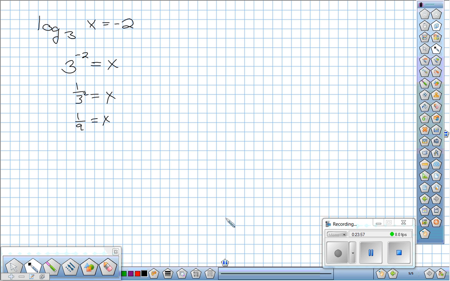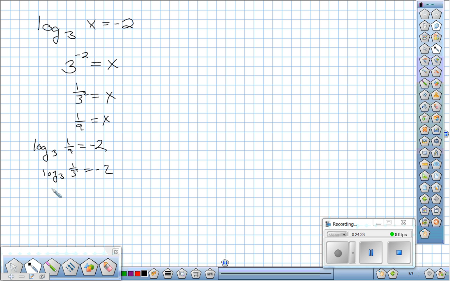I can check that in my calculator real fast using a change of base formula, or sometimes it's easier to plug it back into your original equation. If I have log base 3 of 1/9 equals negative 2, I want to check that and make sure it works. 9 is 3 squared, so I have log base 3 of 1 over 3 squared.